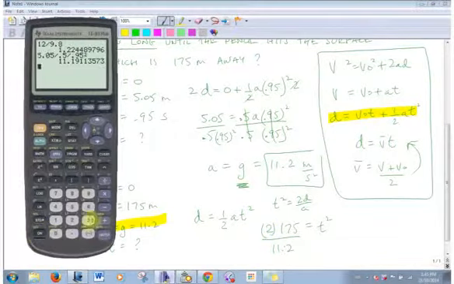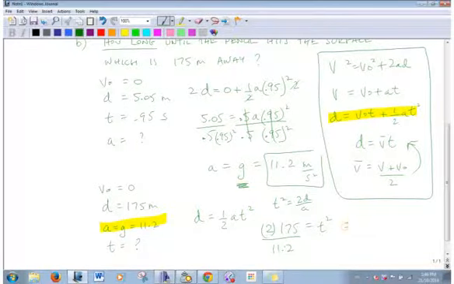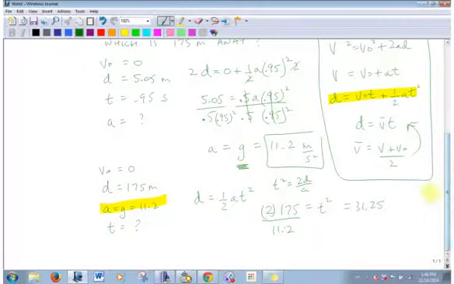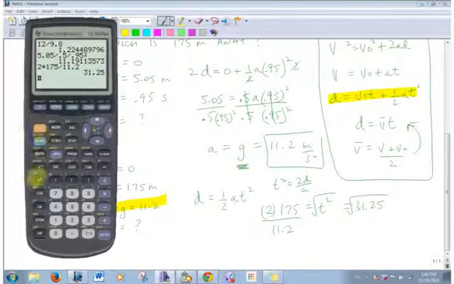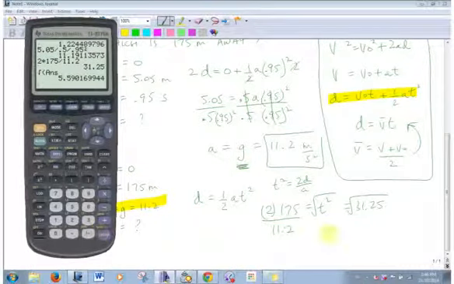So t squared is 2 times 175 divided by 11.2. That's 31.25 seconds, or do I have to do something else? Yeah, that's t squared, right? Not t. Take the square root of that. 5.6 seconds.